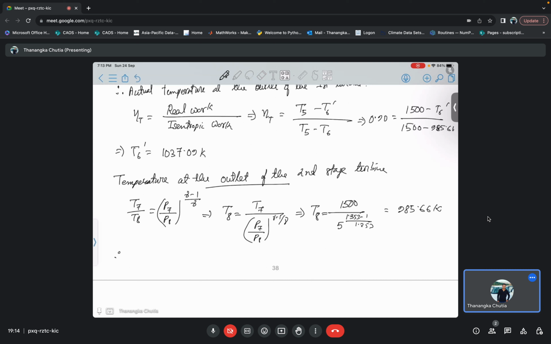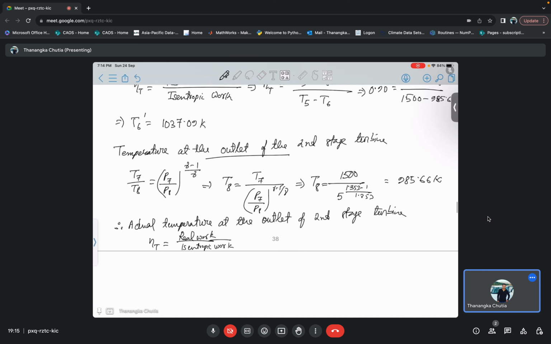And again, the actual temperature at the outlet of the second stage turbine will be calculated by using the isentropic efficiency, that is real work by isentropic work, since it is a turbine, I'm sorry, so real work by isentropic work.